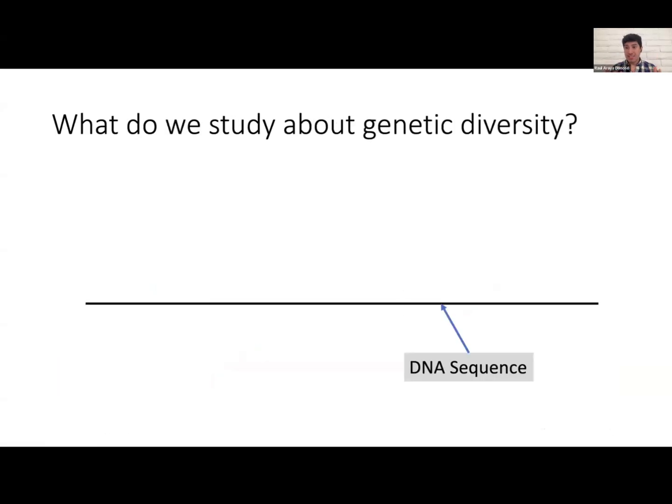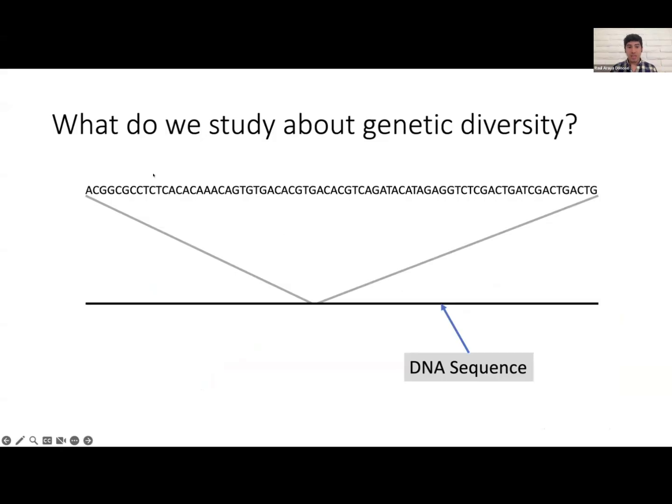So genetics is the study of DNA, and DNA we know is a sequence of different nucleotides. So if we have a hypothetical DNA sequence and we zoom in, you can see that we have all these nucleotides that have all the information that is contained in the DNA.